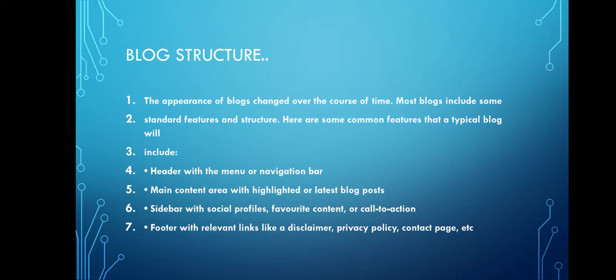So that is the second. What was the first? You have to show the header with the menu, meaning your website where you are blogging, and the navigation bars. And then second, the main content area, wherever you are making your post.